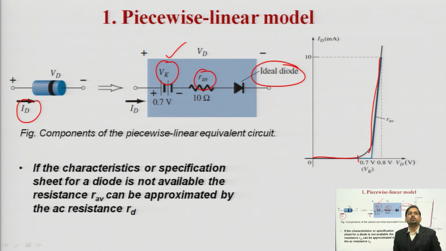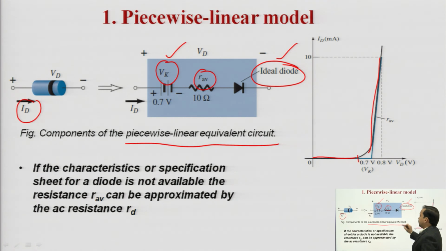We are aware that during forward bias of the p-n junction the value of this average resistance is very small, so there is a slight linear curve here. After that we connect an ideal diode in series with the average resistance and a battery of Vk volt. These are the components of a piecewise linear equivalent circuit.